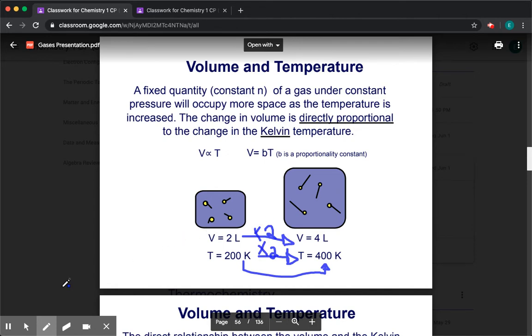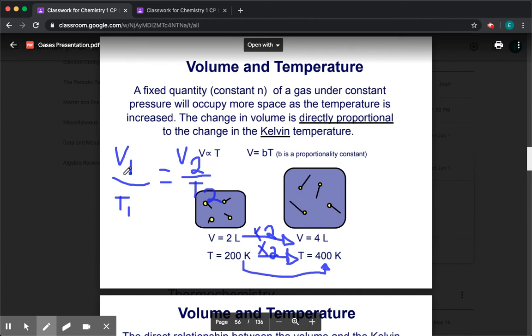So as volume goes up, temperature also goes up. And how you can think about this is if you want to compare, in this case we have V1 and we have T1. So V1 over T1 is equal to V2 over T2.